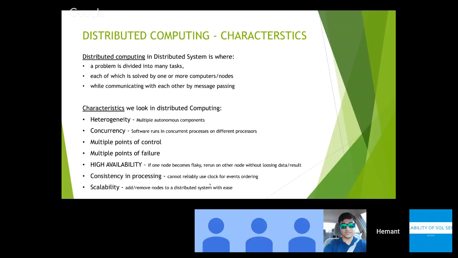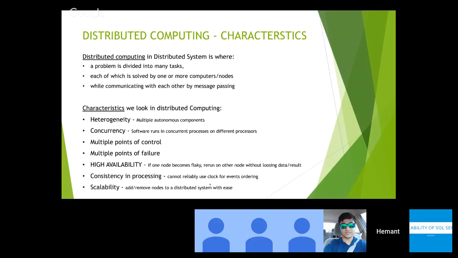Then definitely concurrency, so that when we are working on a common goal, such as resolving an analytics task, they can work concurrently. We need multiple points of control, so that if a failure happens, somebody can switch and take over the control, and it's also about performance, since control is divided among different entities.